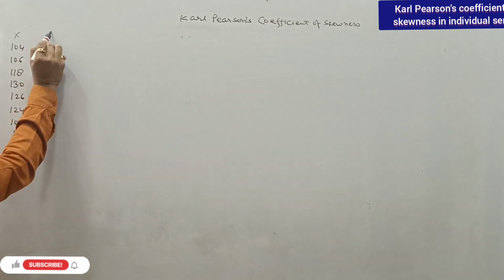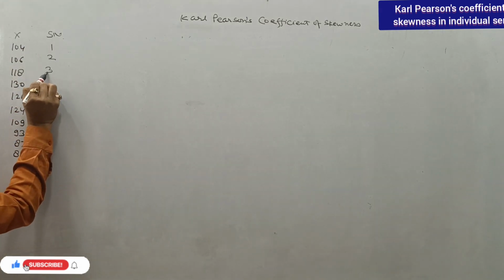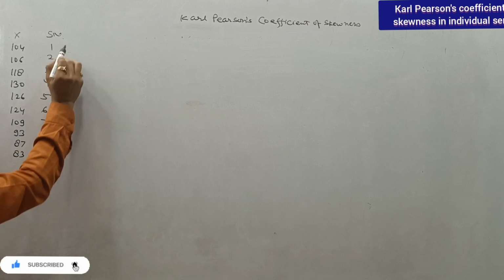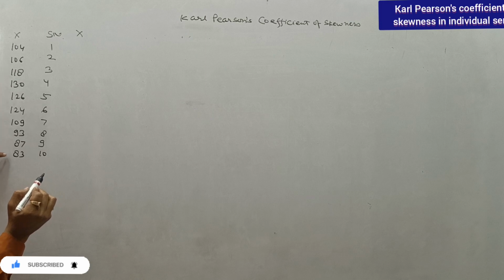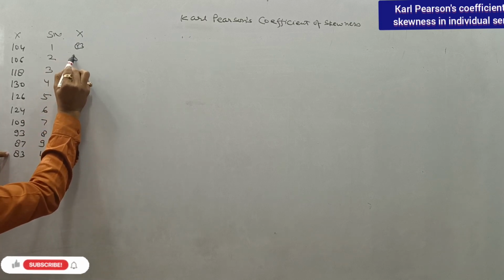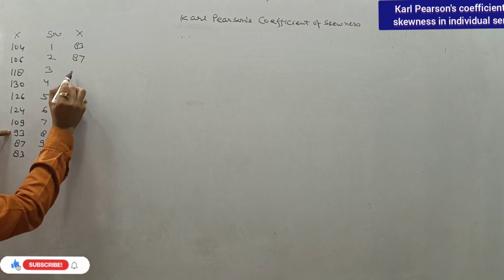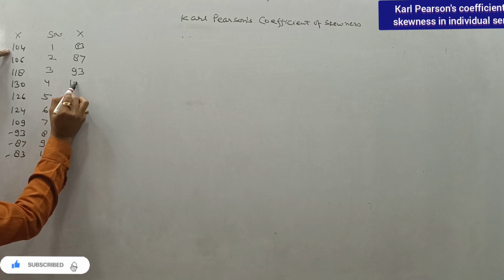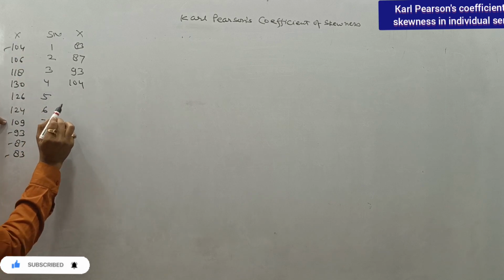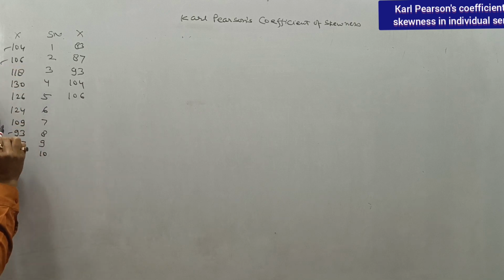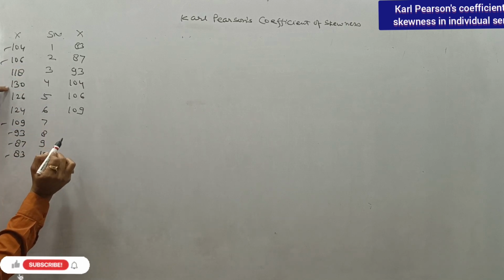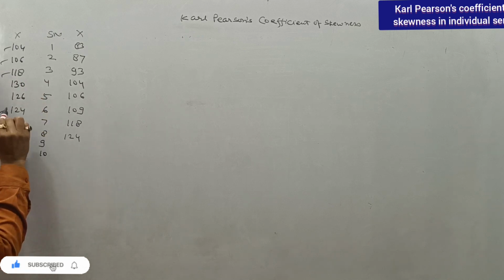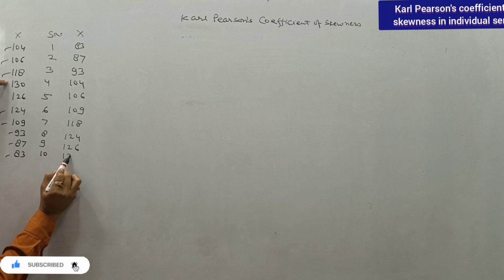So the very first, we write here serial numbers 1, 2, 3, 4, 5, 6, 7, 8, 9 and 10. Firstly, we arrange the series in ascending order, that is 83, then 87, then 93, 104, then 106, then 109, then 118, then 124, then 126, then 130.